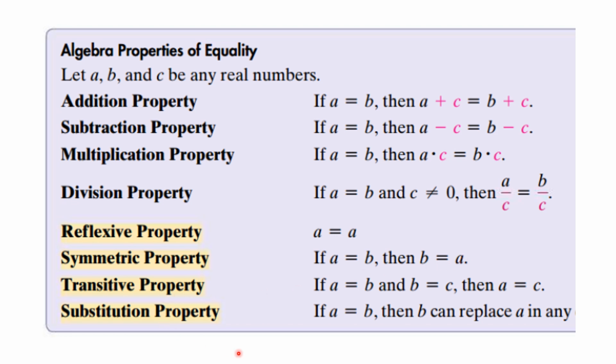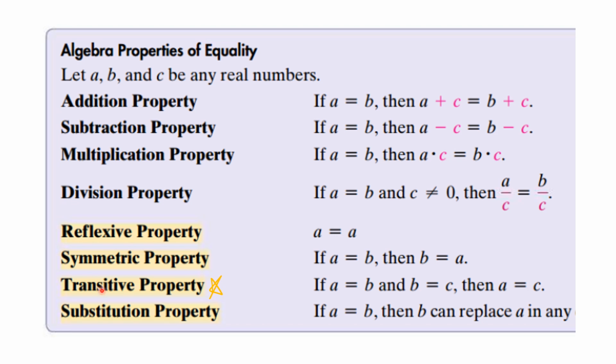Transitive property, this is the one that people struggle with the most, so I want to put a little star by this. That's the one that people struggled with the most in this previous semester.